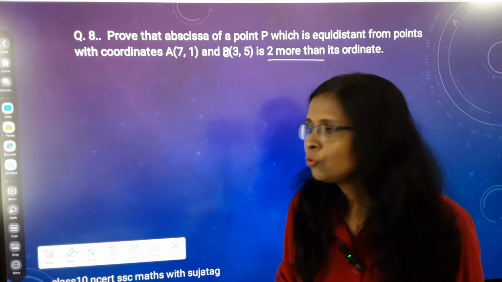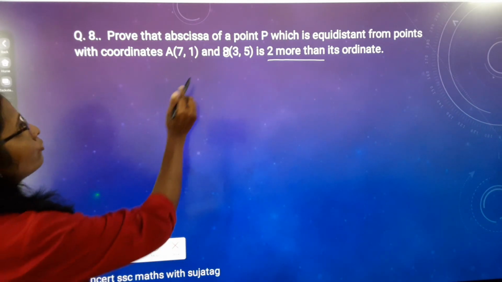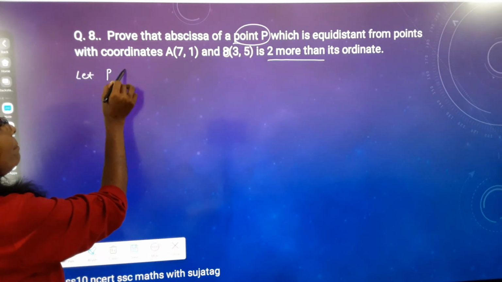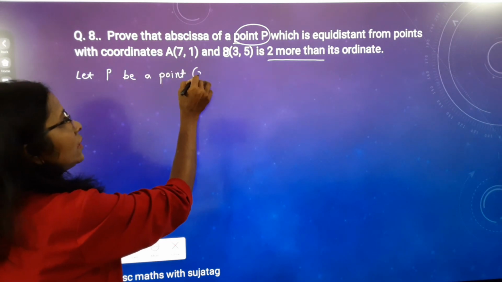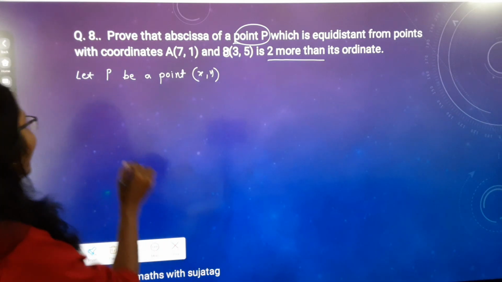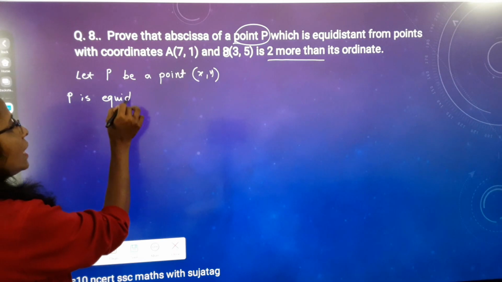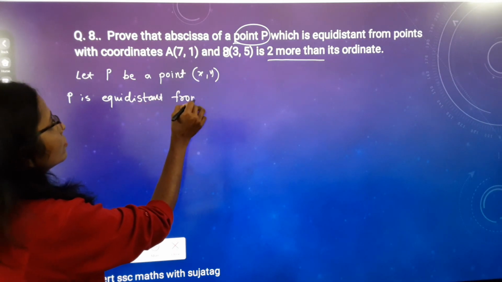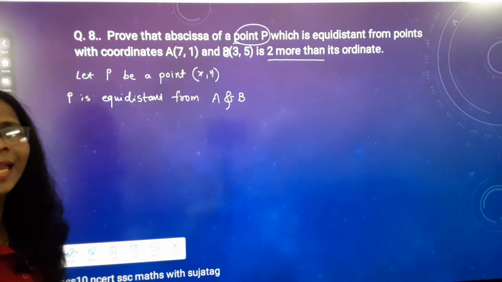Now here, for the point P, let P be a point having the coordinates (x, y), and P is equidistant from the points A and B.